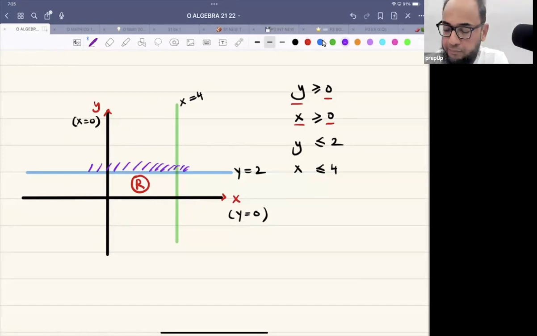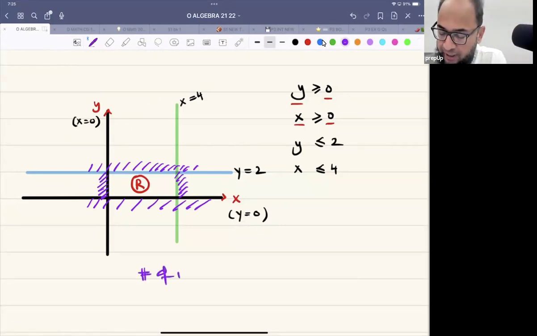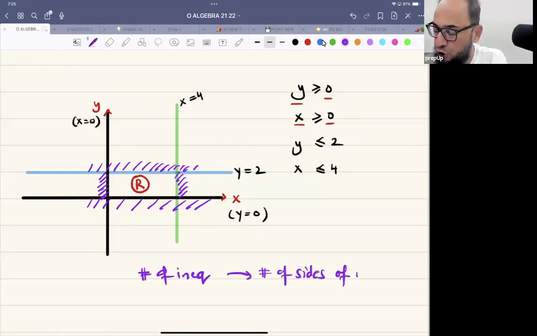This shading is there, this shading is there, then this shading is there, then this shading is there. So the number of inequalities is the number of sides. Remember this. Number of inequalities is the number of sides of the unshaded region. That is the required region.